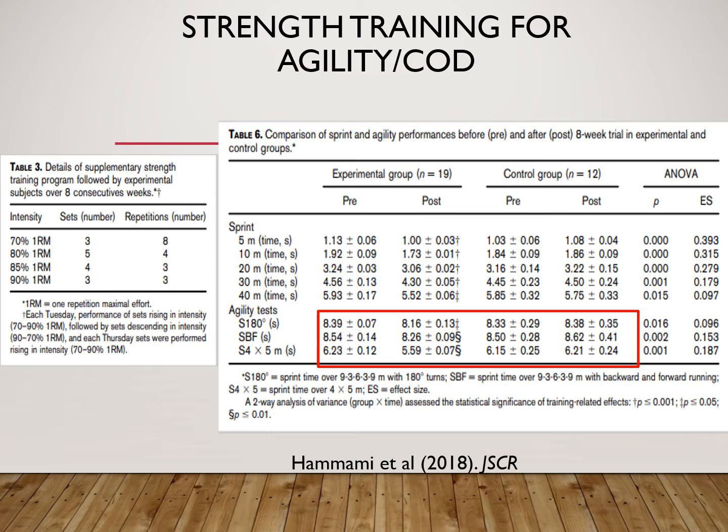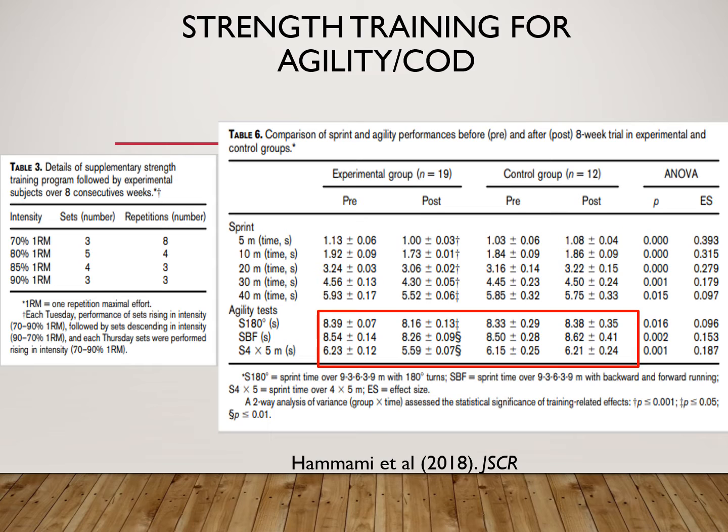And you can see that in the experimental group there is a significant impact on overall agility time. So we see a reduction in agility time for the 180 degree turn, for the sprint backward and forward running, as well as shuttle run times.